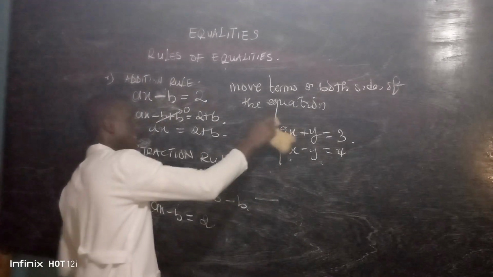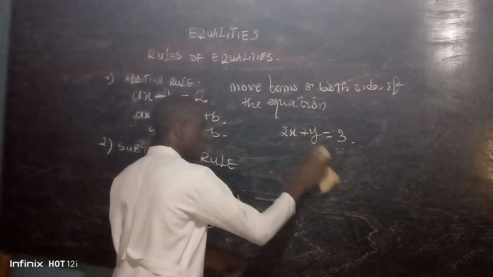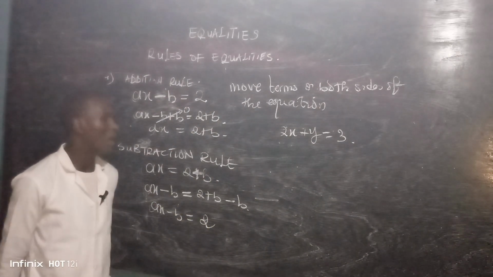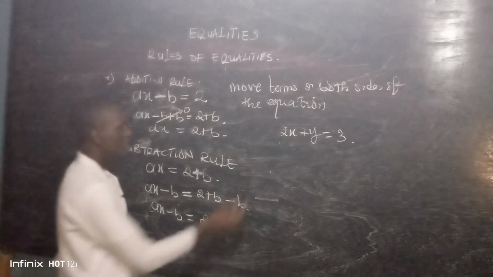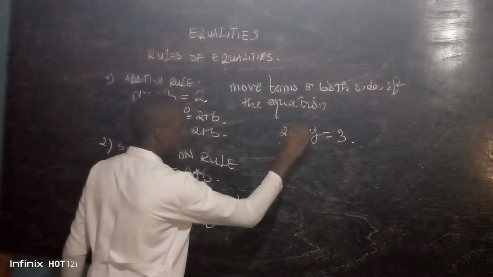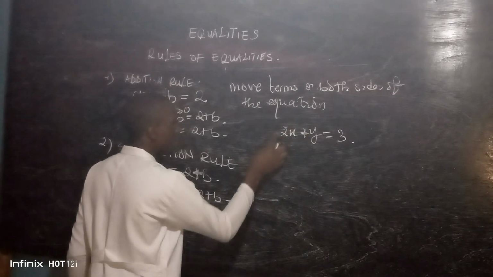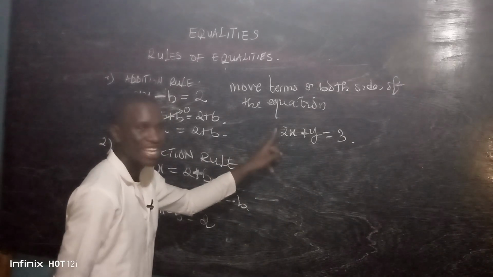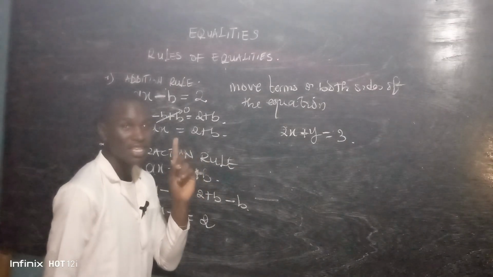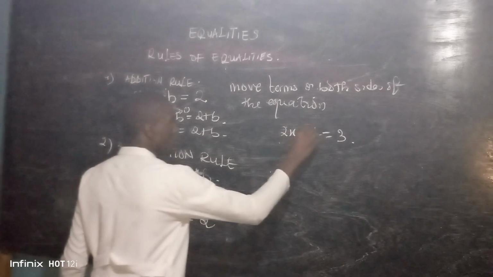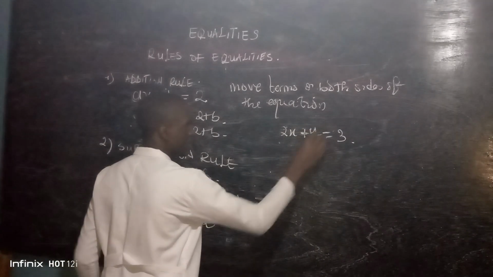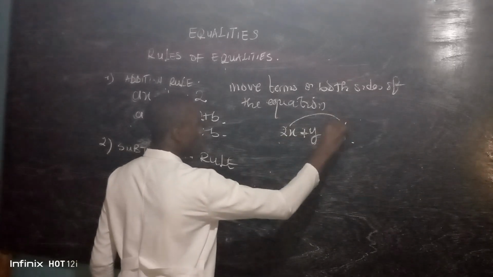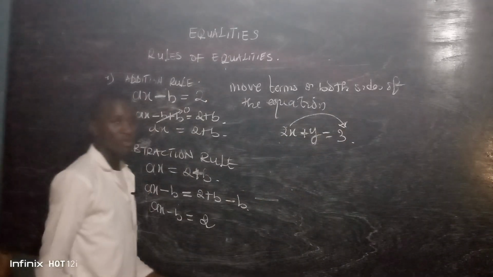For instance, let's say we had just this equation and we are interested in making y stand alone, making y the subject of the formula. Since 2x is added to it, and whenever a number or a variable is not written with a sign, it is considered to be positive, if I want y to stand alone on this side, I'll have to move 2x to the other side of the equation.